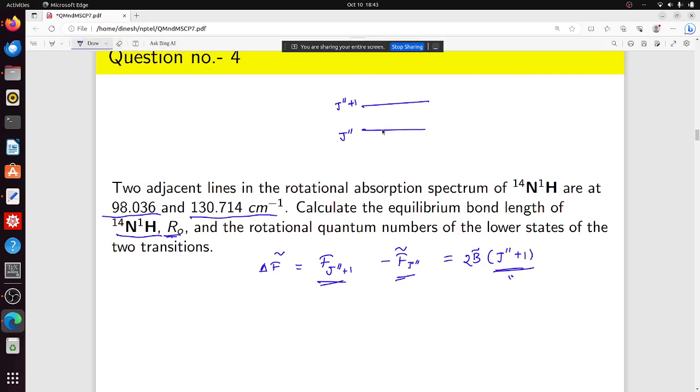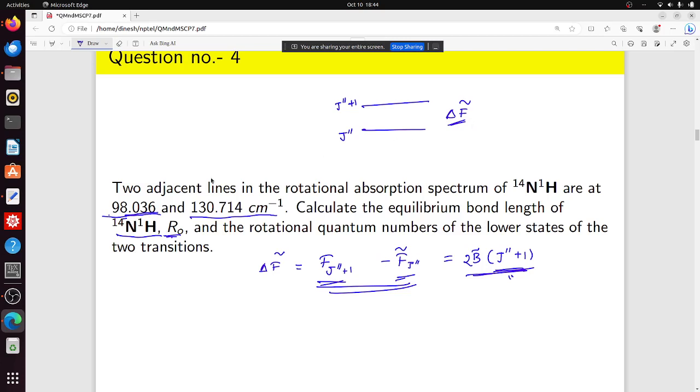So if a molecule is initially in J double prime state and it is exciting to J double prime plus 1 state, then the energy required to do this transition is delta F, and this delta F formula is given in this form. There are two scenarios, like there are two adjacent lines.